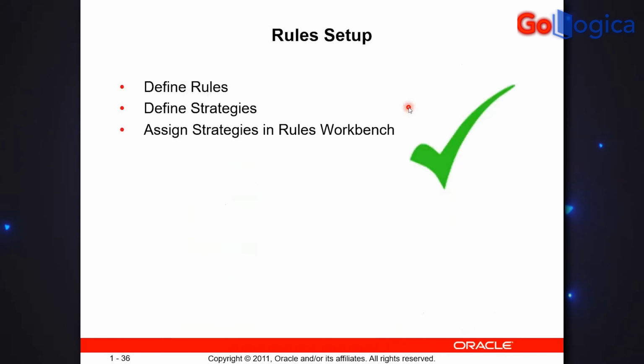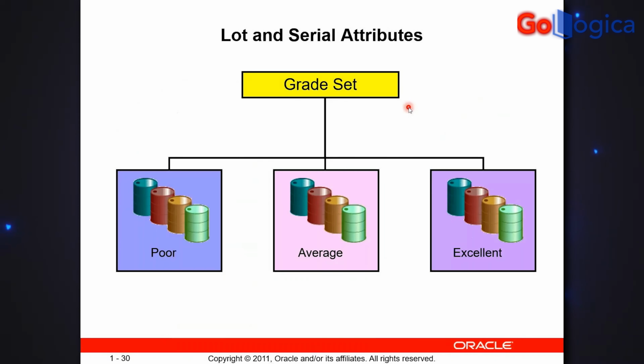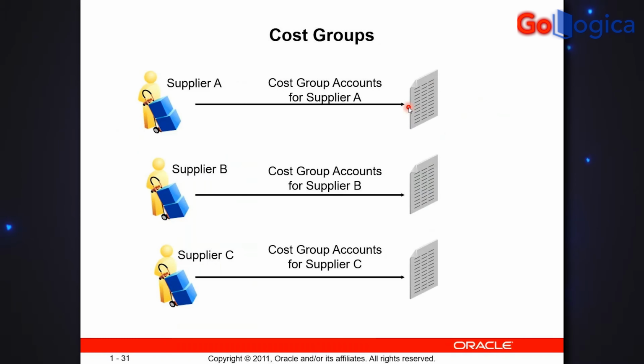Let me explain: when the physical demarcation of your warehouse is done, it is done by creating subinventories. That is your physical demarcation. But when you want to do the financial demarcation, your cost group assignment will come into the picture.